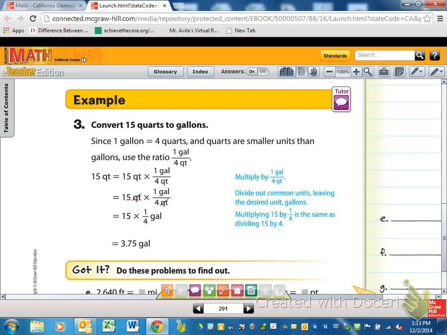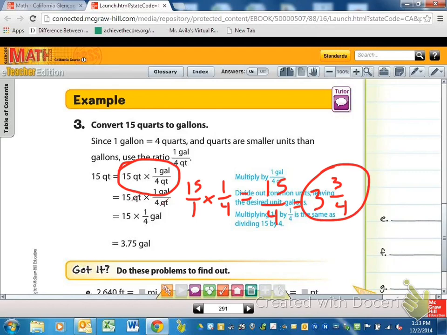So I have here 1/4. So I have 15 times 1/4. Again, you're going to put 15 over 1 times 1/4 and get 15 over 4. 4 into 15 goes 3 times, which is 12, and 15 minus 12 is 3/4. Here they wrote it as a decimal because 3/4 is the same as 0.75.